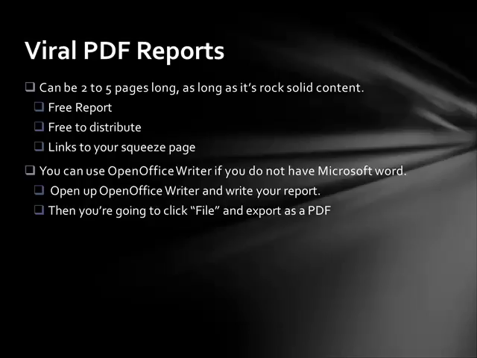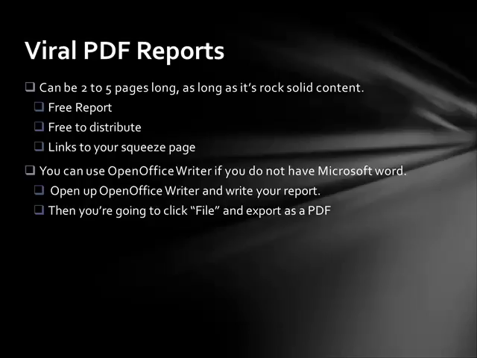If you're not sure how to do this, you can type into Google Open Office and download Open Office Writer. You're going to open up Open Office Writer, and you're going to write your report. It's kind of like Microsoft Word. So if you have Microsoft Word, you're not going to need this.